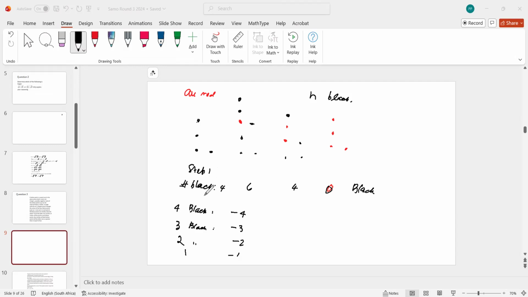Right? But what happens is when the 3 blacks are reduced by 3, the other one would have been a red, and that becomes black. So the number of blacks now becomes minus 3 plus 1.